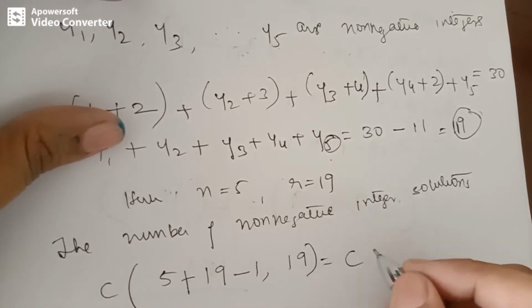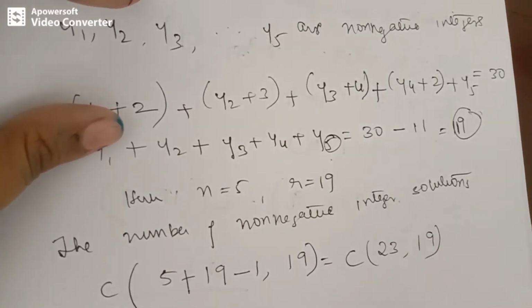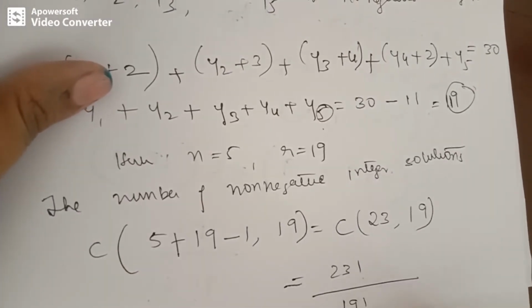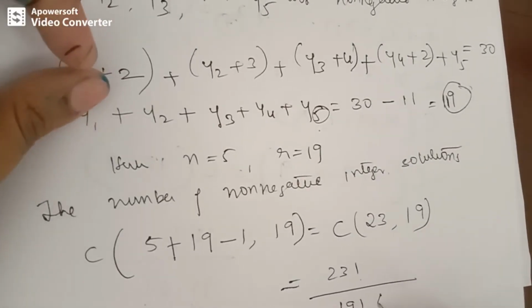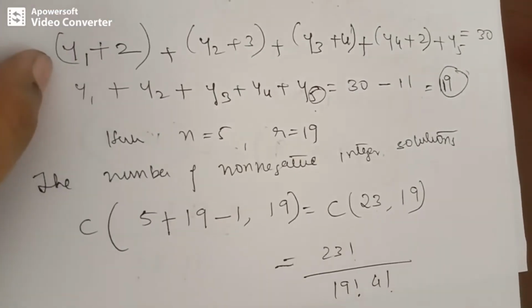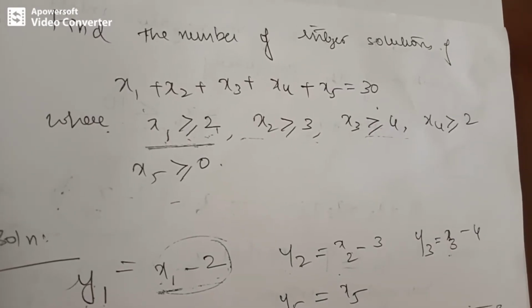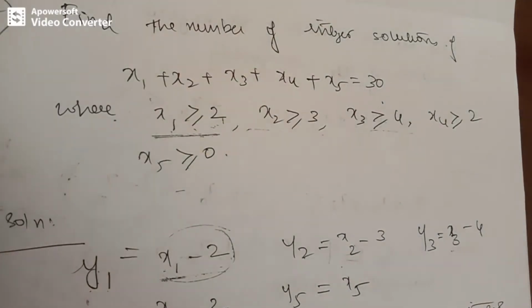So we will get C of 23 comma 19, which I can write as 23 factorial by 19 factorial into 4 factorial, since 23 minus 19 is 4. So you can also simplify this and get the value. This is a different kind of problem where you are given some constraints. Okay, so let's see another problem which is quite different.